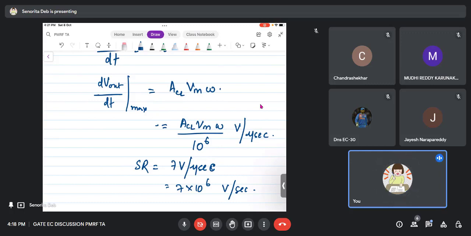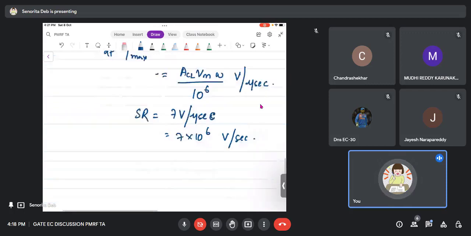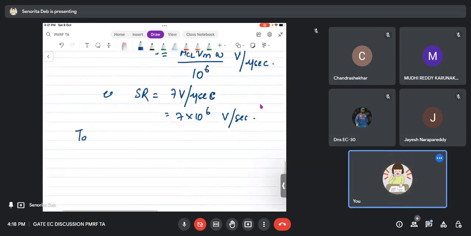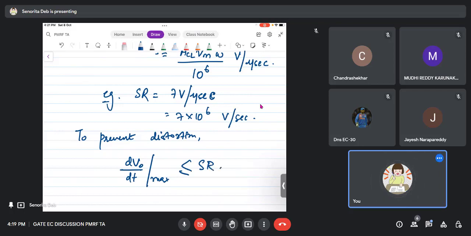To prevent distortion, dV naught by dt max that we just found out should always be less than the slew rate of your op amp.